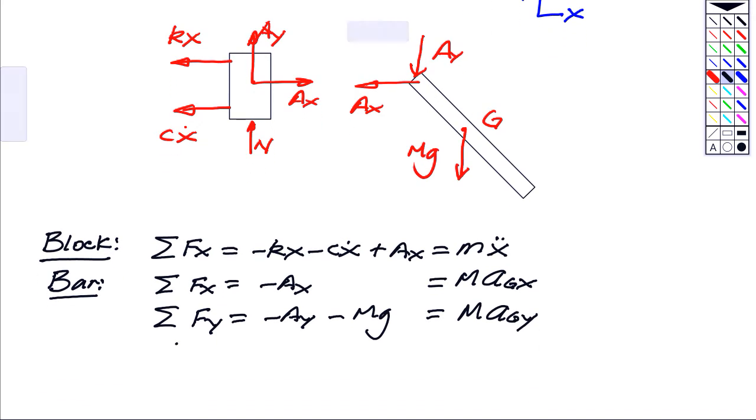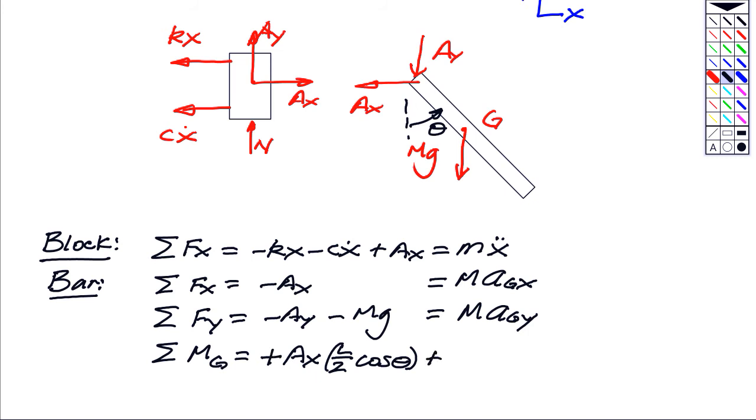And by summing moments about G, recalling that this is the angle theta here, the force AX is going to have a moment arm of L over 2 cosine theta. The moment about G is going to be in a counterclockwise direction. That's the same direction as we assumed for the positive sign convention for theta, so that's a plus.